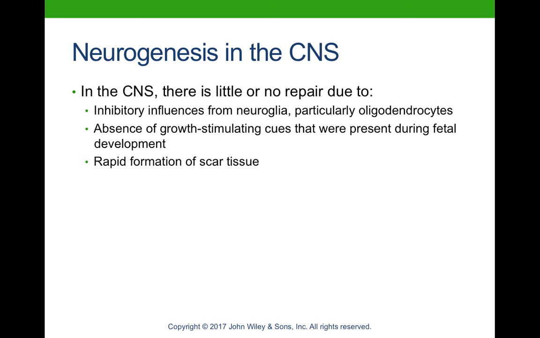In the central nervous system, there is little or no repair of damage to neurons due to inhibitory influences from the neuroglia, particularly the oligodendrocytes. Also due to the absence of growth-stimulating cues that were once present during our fetal development, and there is rapid formation of scar tissue that occurs.